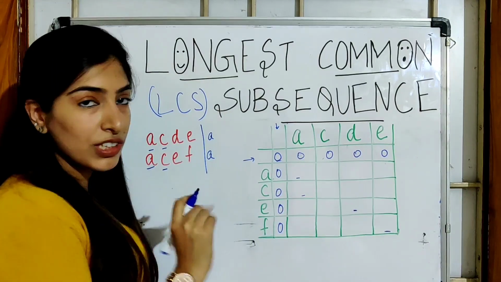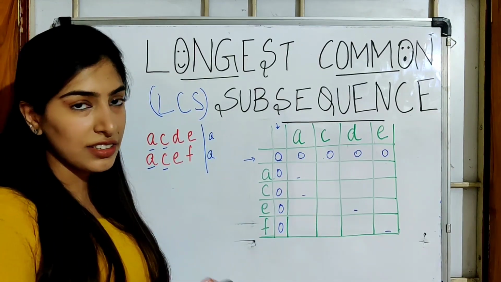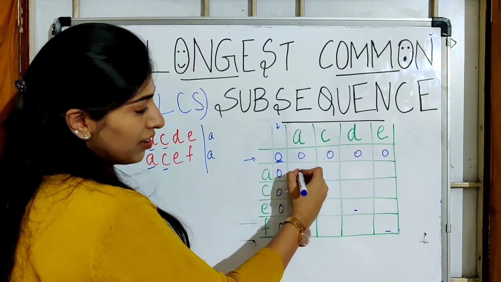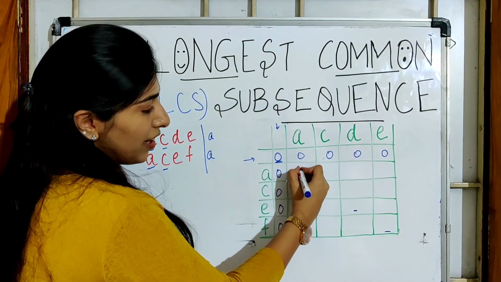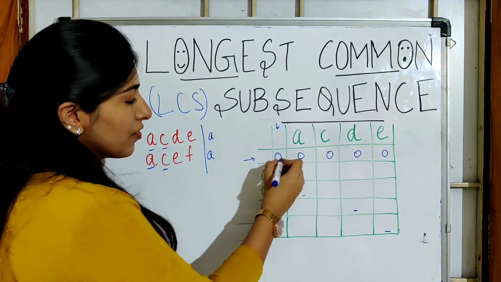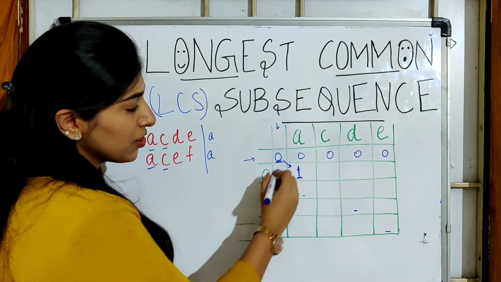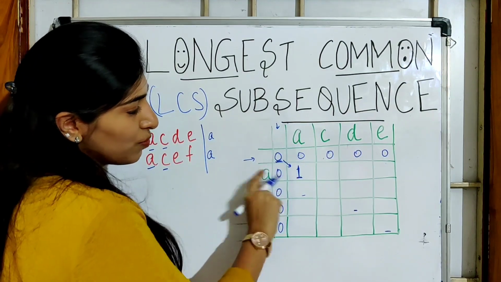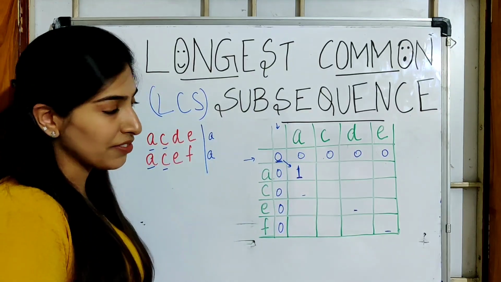The initial length was 0, obviously. Now we are adding this string, so the length of the subproblem over here becomes 1, which is actually adding to this. This denoted when both the strings were empty. Then you added A to both the strings, and now your length became 1.